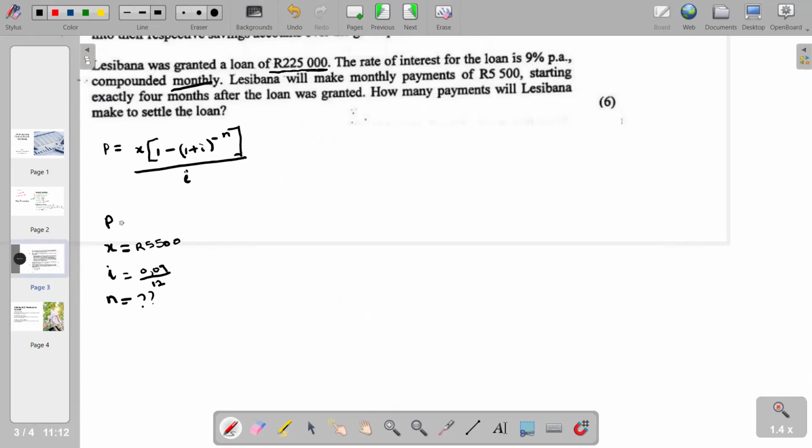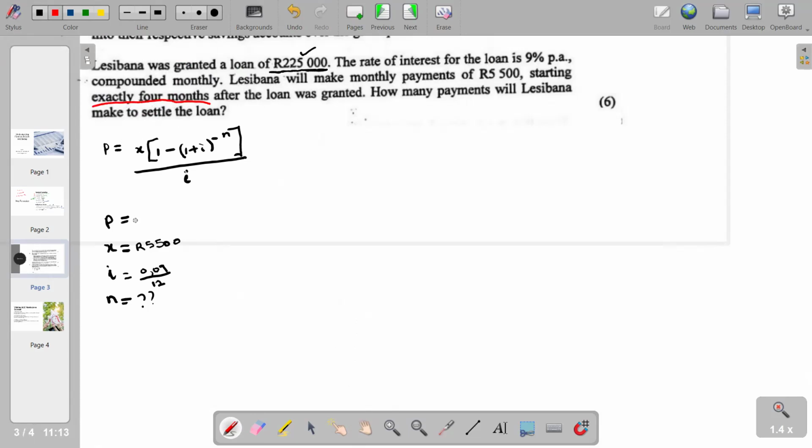Then we have to take note of the P. What's our P there? The amount which was borrowed is 225,000, but there's something that happened there. You are told that the payments start exactly 4 months after, meaning this man was generating interest for the bank for 3 months before he started paying in the fourth month.